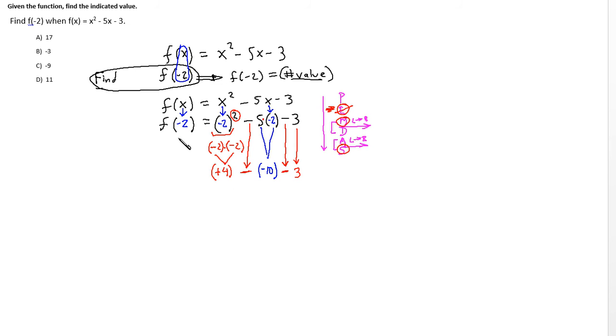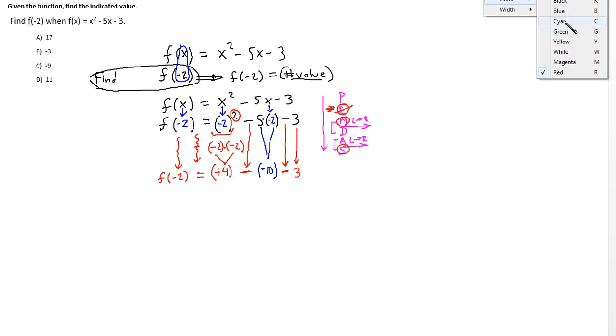Notice also all this time on the left side of this equals sign, as we've been proceeding down, it's f of negative 2 equals. Okay, so now we're going to continue. What we've accomplished at this point is that we have completed multiply. Now all we have to do is complete subtraction in order from left to right.